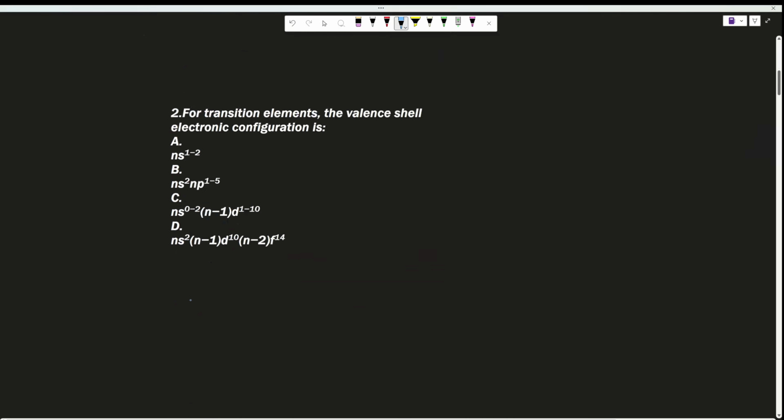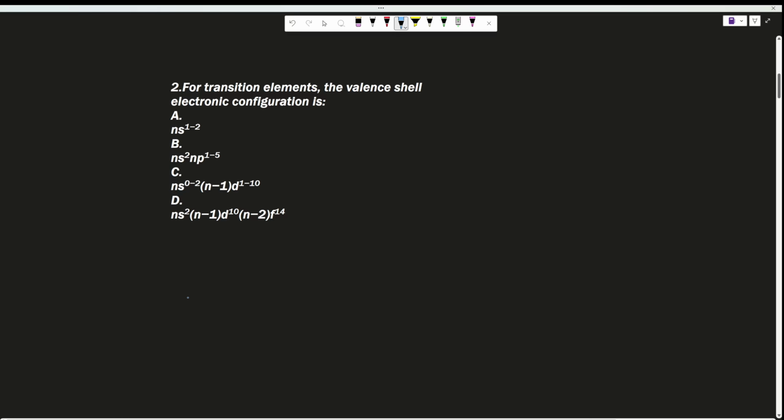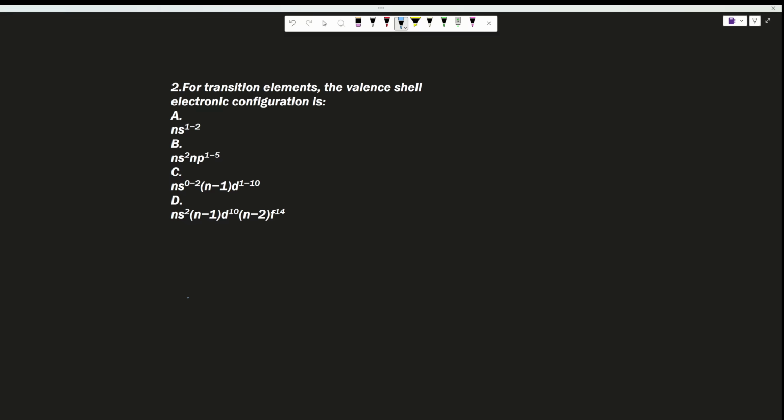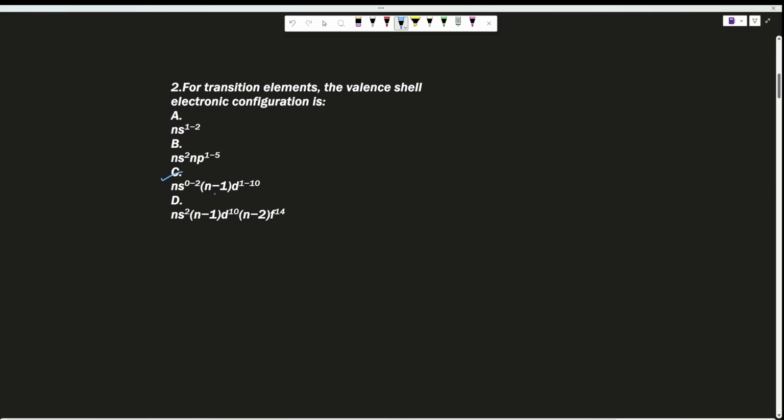Then next one, for transition elements, the valence shell electronic configuration is. So that means the general electronic configuration. Whenever you write any particular electronic configuration, you know that you will have ns orbitals and (n-1)d orbitals, right? So it is ns 0 to 2 and (n-1)d 1 to 10.